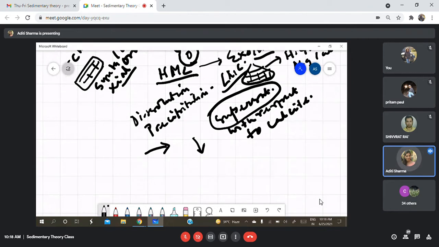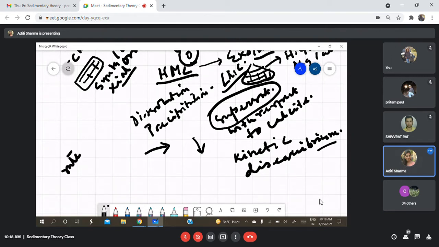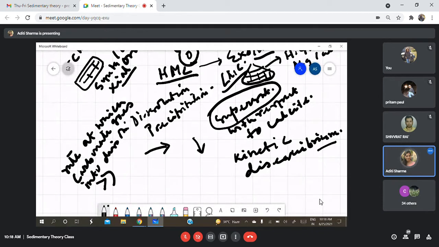The experimental results show that there is a kinetic disequilibrium. What is kinetic disequilibrium? It is that the rate at which carbonate goes into dissolution is much higher than the rate at which carbonate gets precipitated.